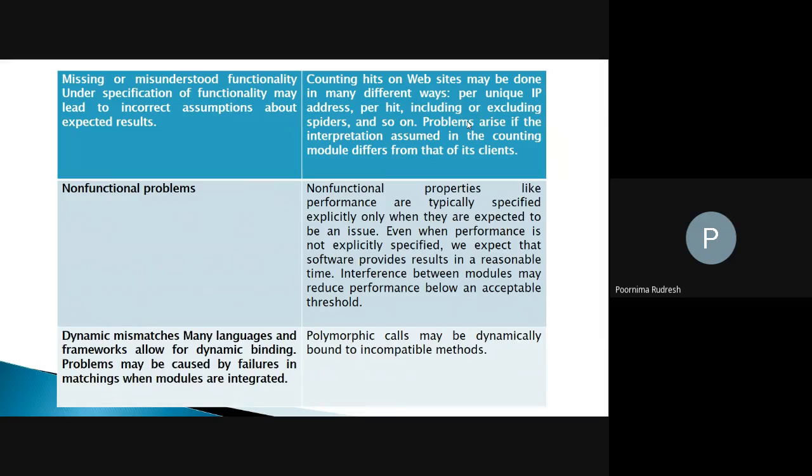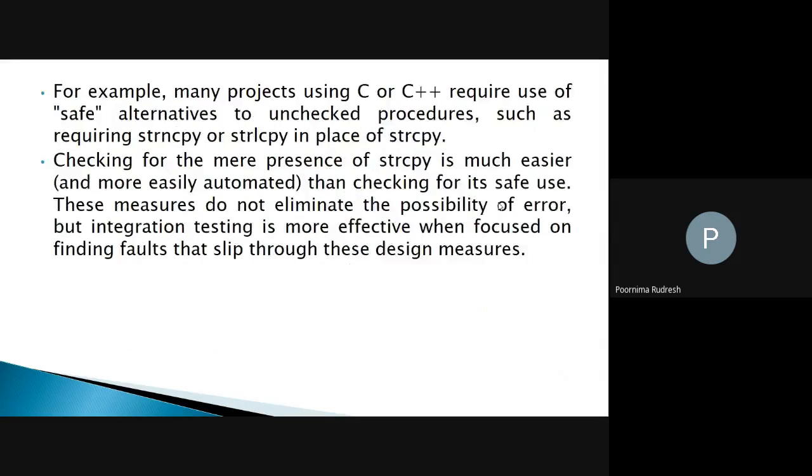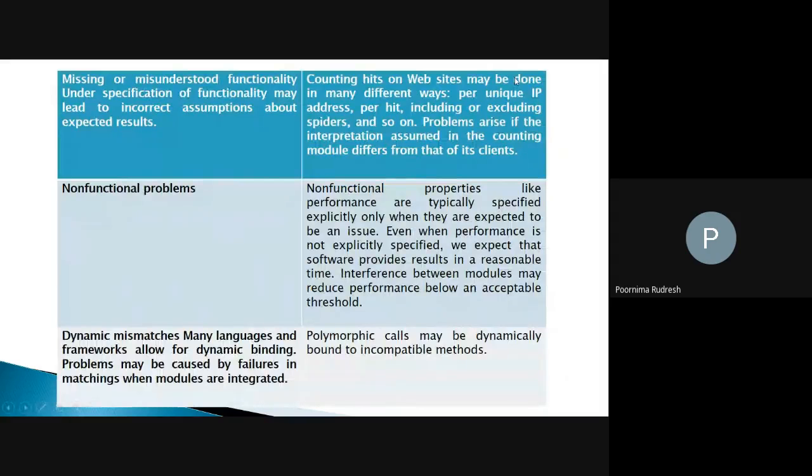If different users use different methods, for example one user requires the unique IP address and the other requires per read or including the spider, then the problem arises if the interpretation assumed in the counting module differs from that of its clients. Okay, so this is another type of fault.